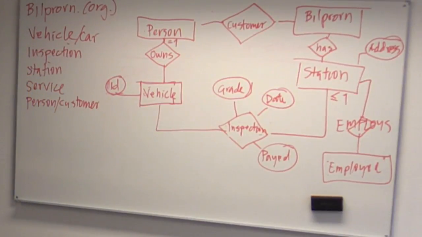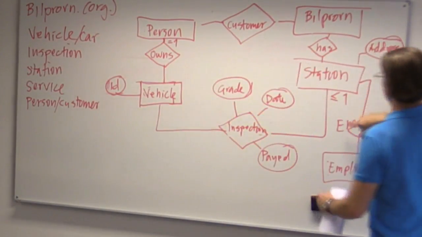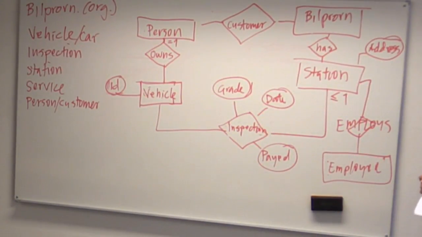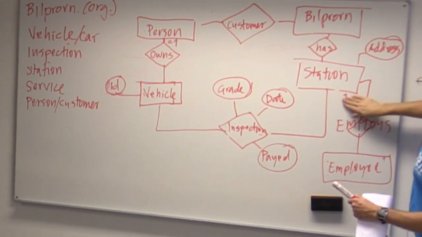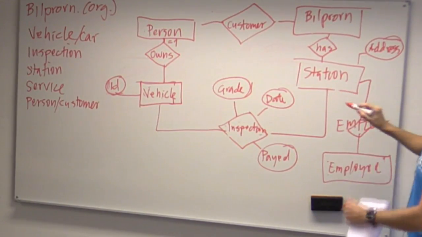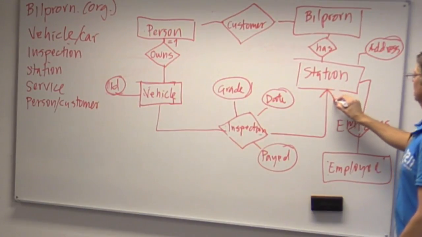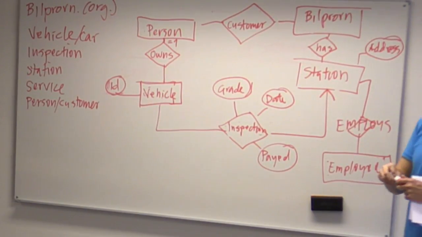Let's see if our remote friends have questions. Yeah, well, the question is that if we have a 1 or a 0, I could actually draw that as an arrow instead.